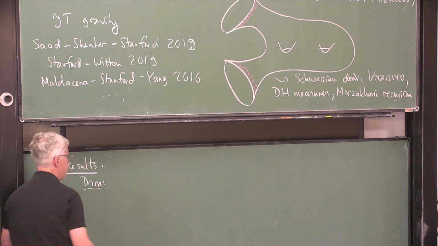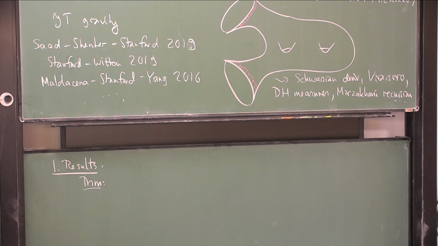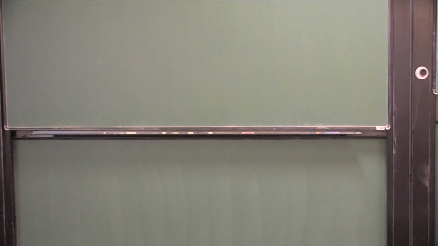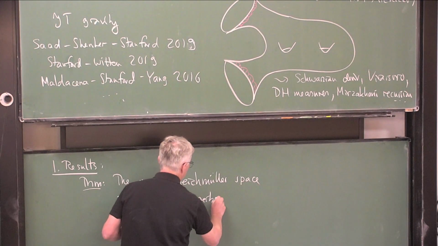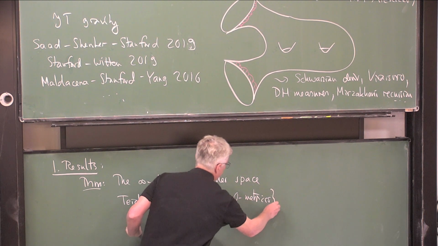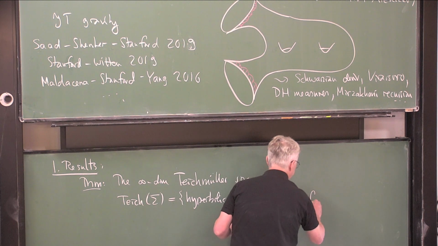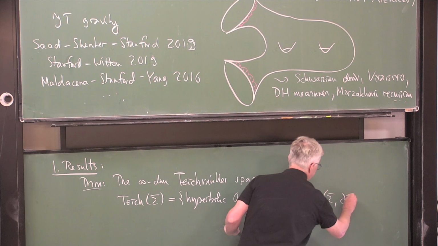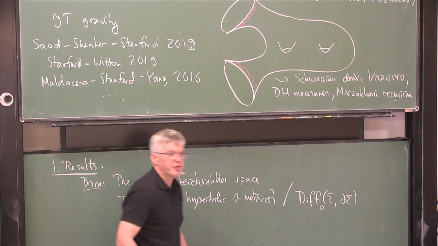The theorem is that what we're dealing with is some infinite dimensional Teichmüller space of hyperbolic zero metrics, which I will define in a moment, up to diffeomorphisms which fix the boundary, and just the identity component of those diffeomorphisms.